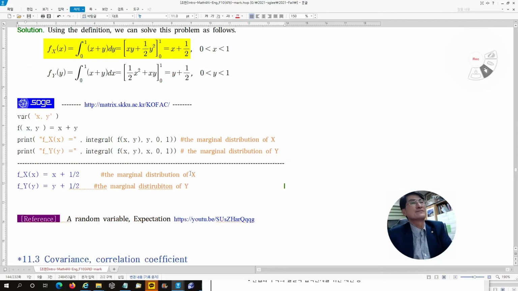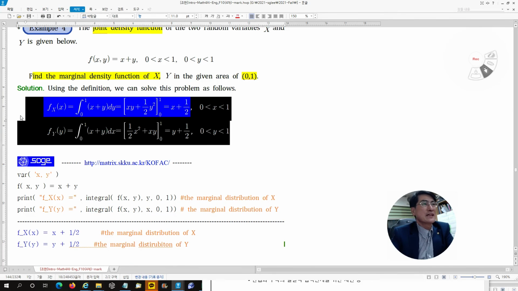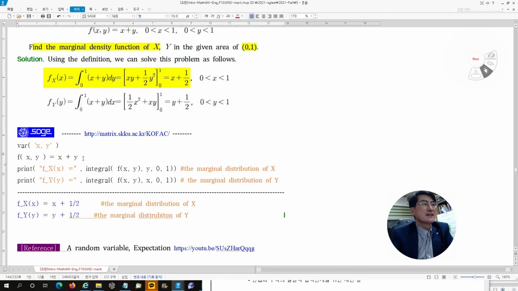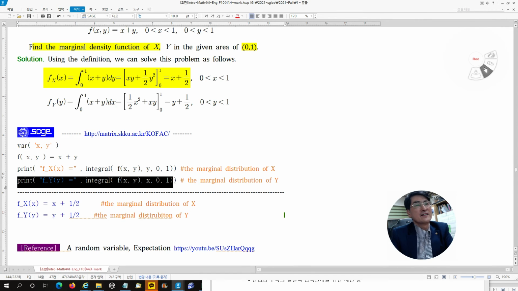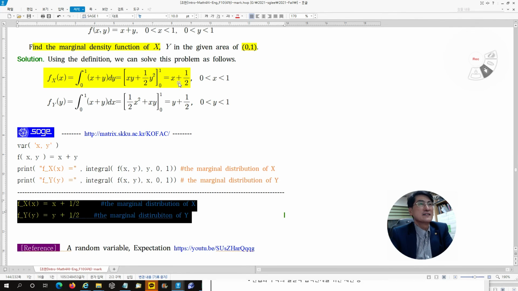Once we set up the equation, we just define the function and integrate f with respect to y from 0 to 1, which gives us the marginal distribution of x, and similar code gives the marginal distribution of y, which are x plus 1/2 and y plus 1/2.